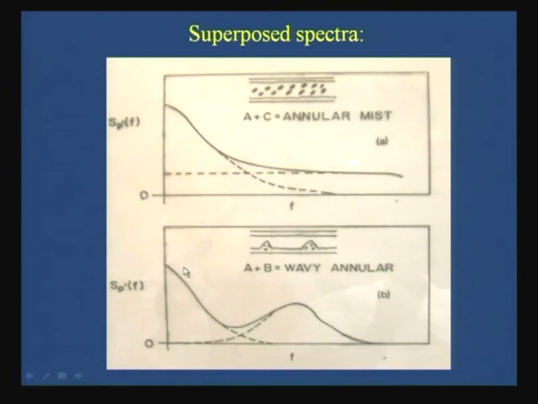Okay. Or we may get something of this sort when it is wavy annular. Depending upon the frequency of the waves, we get a peak here, and since it is separated, we get something of this sort.